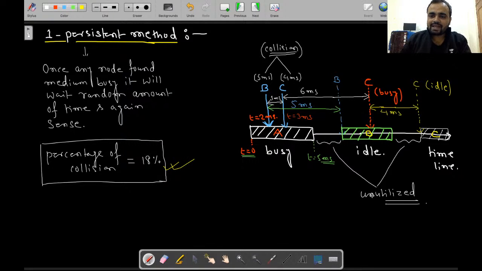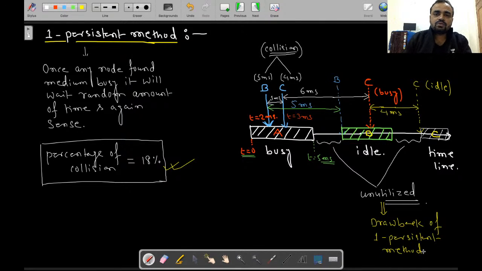The only drawback of the one persistent method is that for some period of time the network remains unutilized. If the network is unutilized, this is not a useful idea. We want the medium busy as much as possible without any collision.